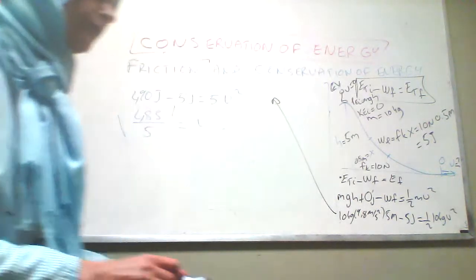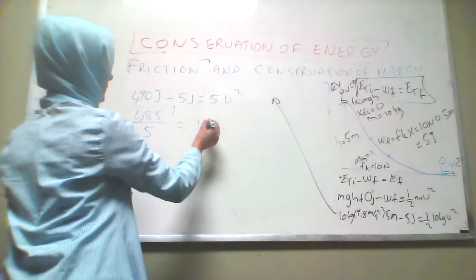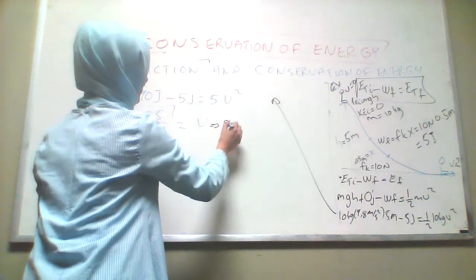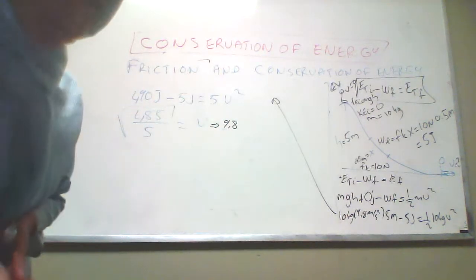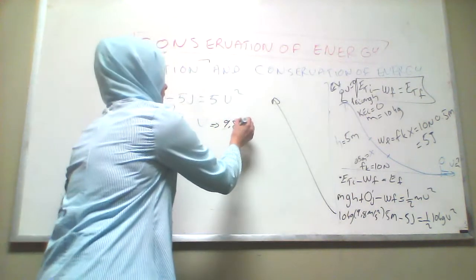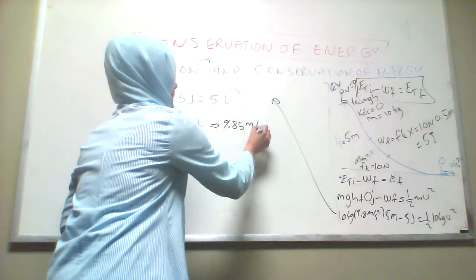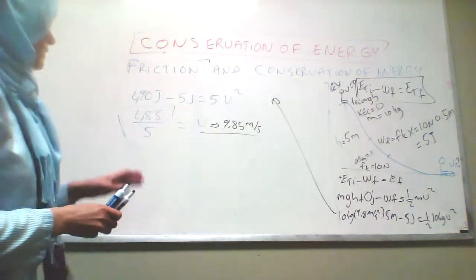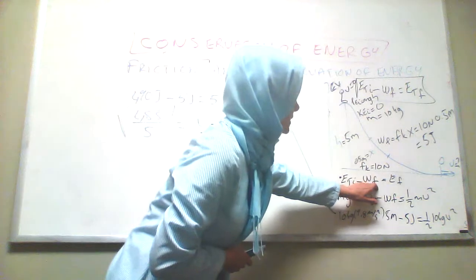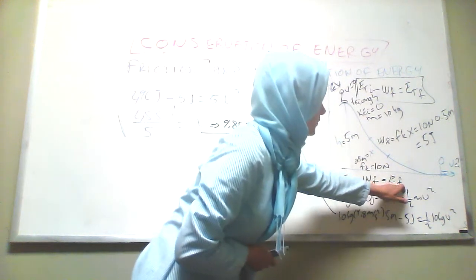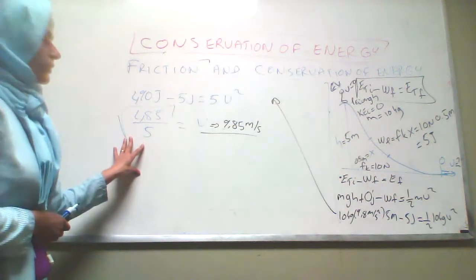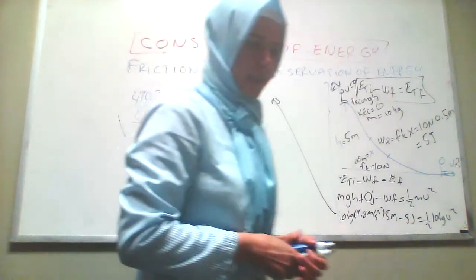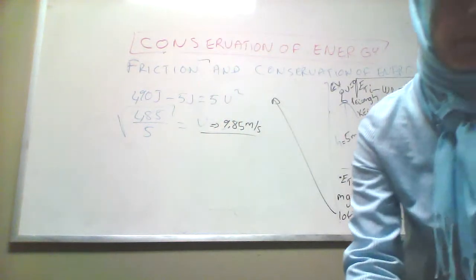So velocity is about 9.85 meters per second in here. So what we did is there was an initial energy, some part of it is taken by the friction, it's equal to final energy, and solve for the velocity. And in this case, we had to include the mass.